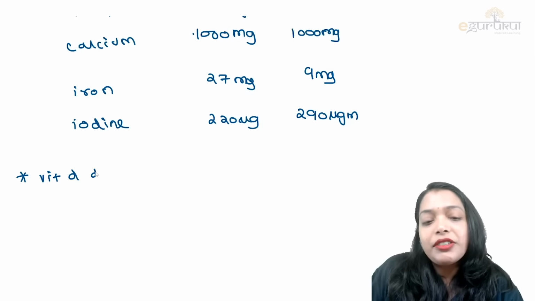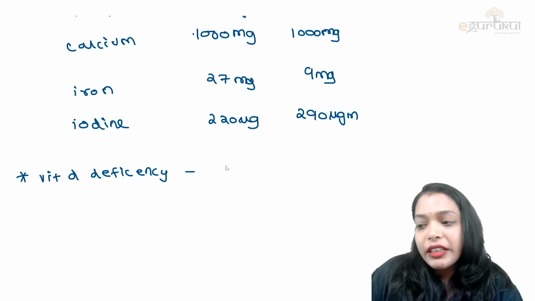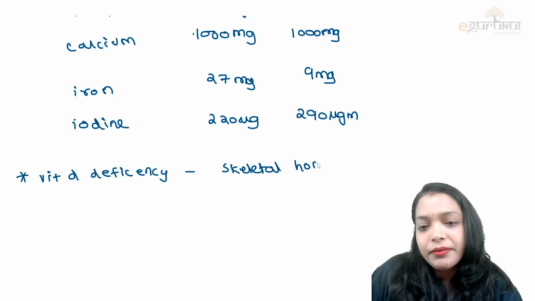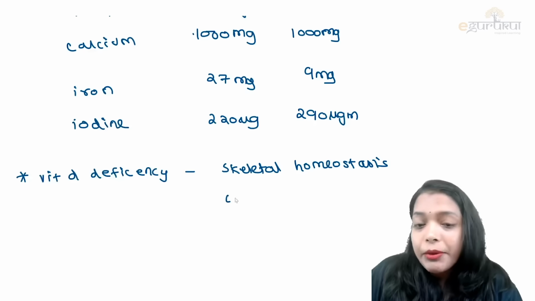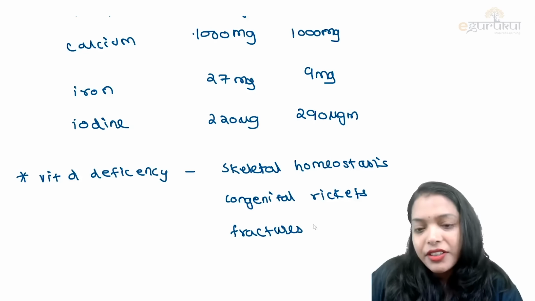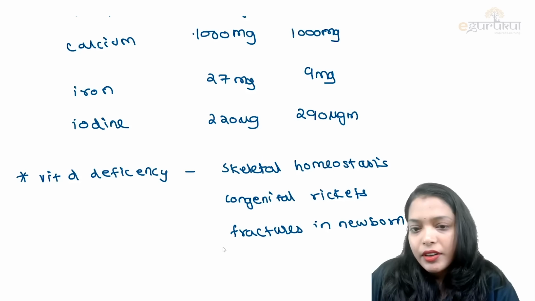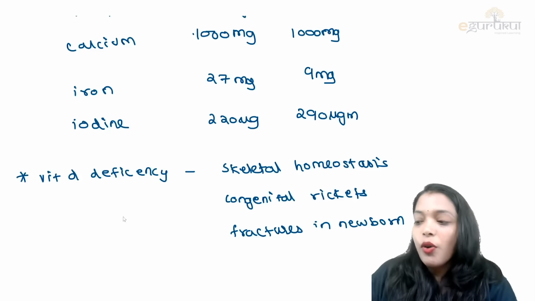What they have mentioned is that whenever the mother has vitamin D deficiency, there can be skeletal abnormalities in the baby, there will be congenital rickets, and fractures in the newborn. That is why vitamin D has to be supplemented to all mothers.